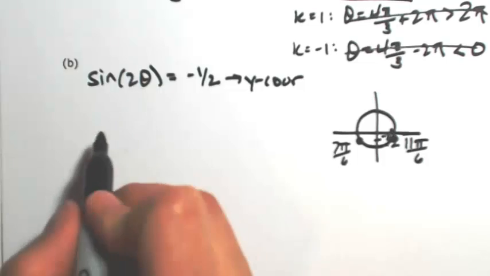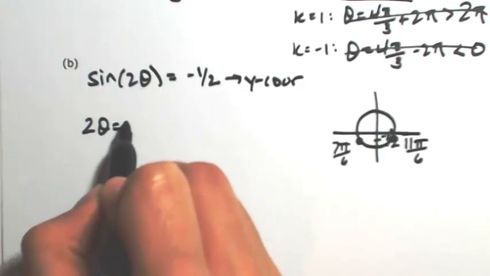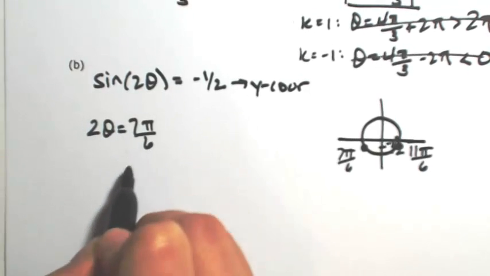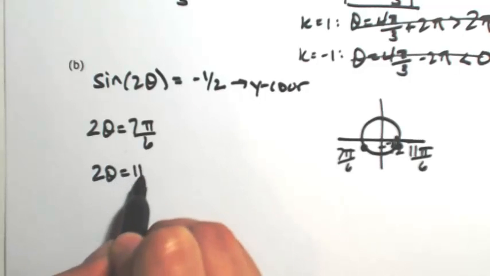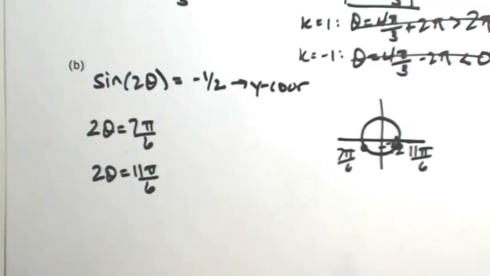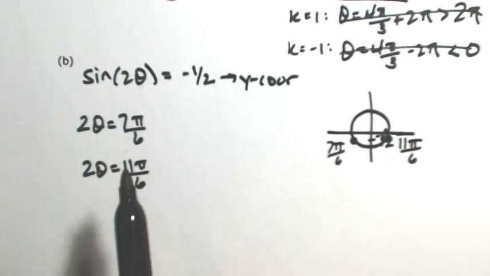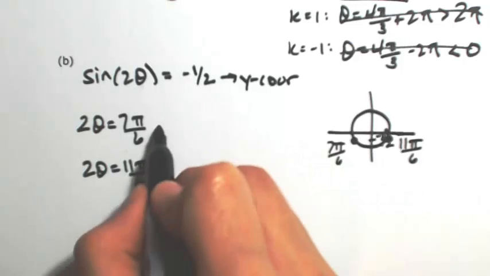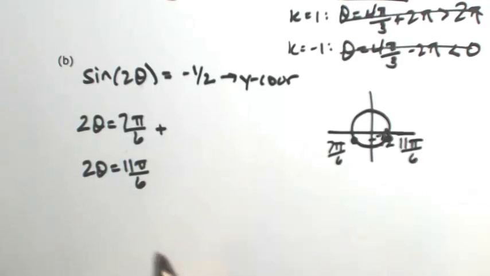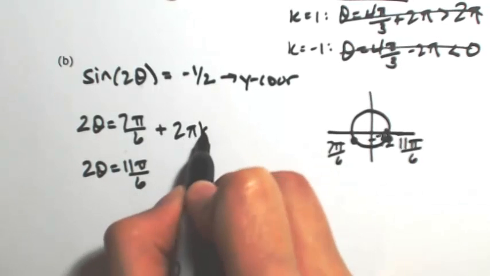Again, that's not theta, this is 2 theta. So 2 theta equals 7 pi over 6, or 2 theta equals 11 pi over 6. But there may be some additional answers because I haven't solved for theta yet. I've solved for 2 theta. So we're going to add on multiples of the period. The period of sine is 2 pi this time.